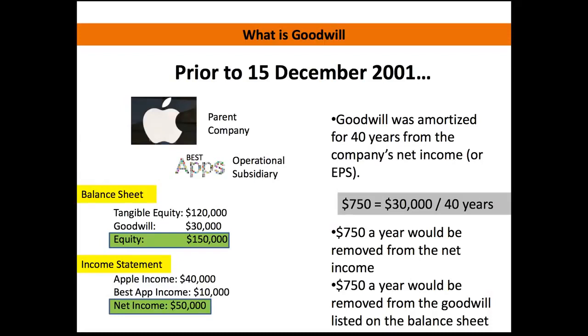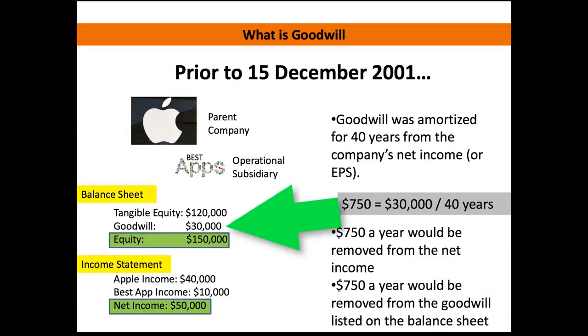So prior to 15 December 2001, there was a very different way of accounting for goodwill on a balance sheet. Okay? Now, using our previous example, since you understand that example, we have $30,000 of goodwill on this balance sheet.